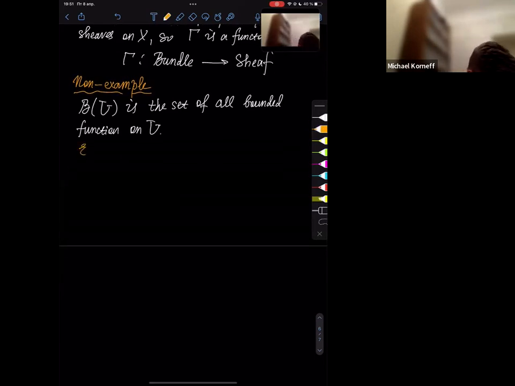Another example. Example in Euclidean space.